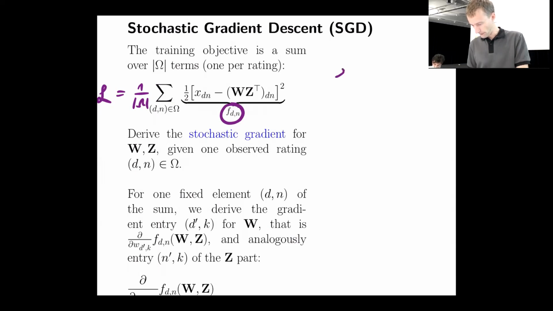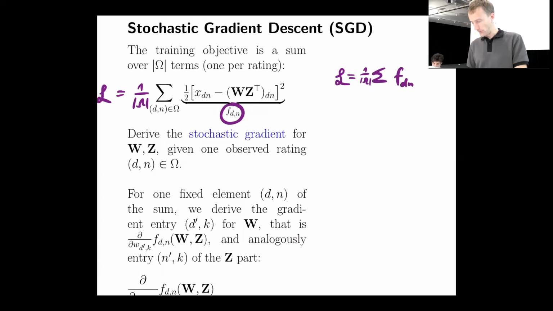We have a lot of these functions, and L is the average of all these functions F_dn.